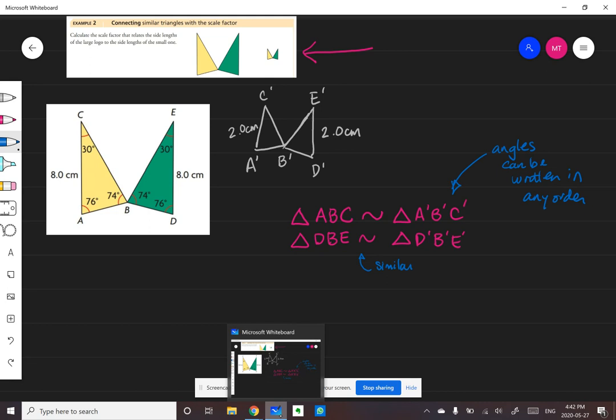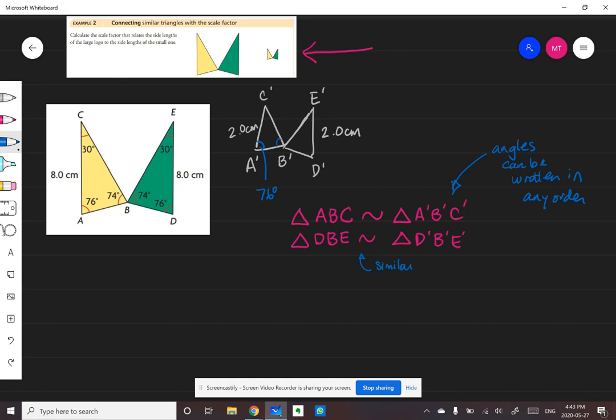As well as equal pairs of corresponding sides, we can also make measurements and find out that, in fact, A prime angle is also 76 degrees. Okay?